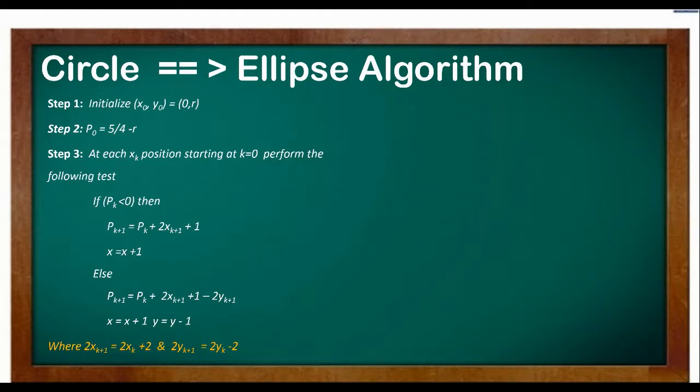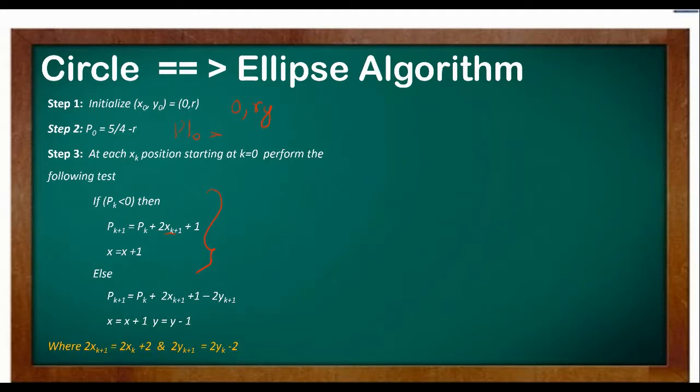For initialization, we initialize to 0 comma ry, because it is the top right value, and p naught, which we call p1 naught, we will calculate. Now remember this important point: here there is an x term. I hope you remember that an x term is always accompanied by ry square.